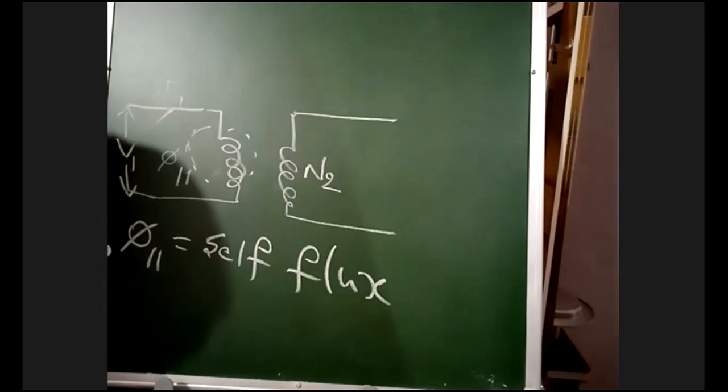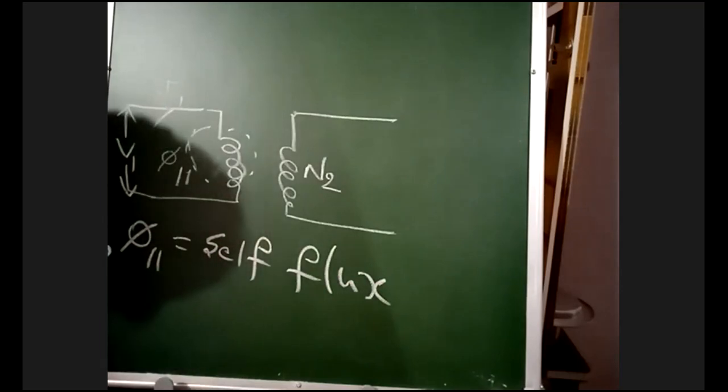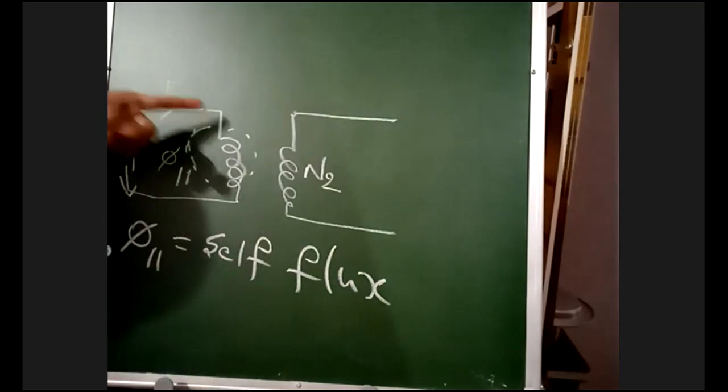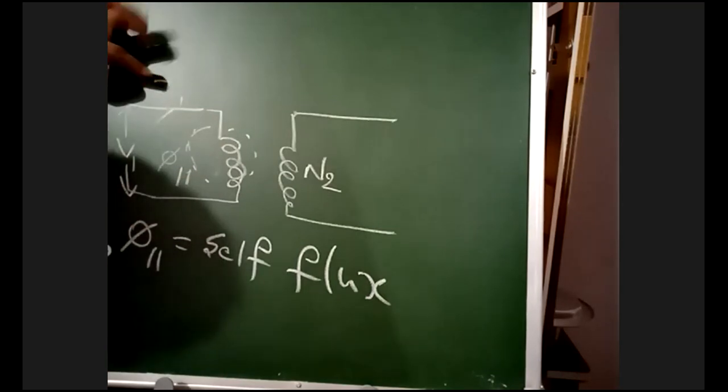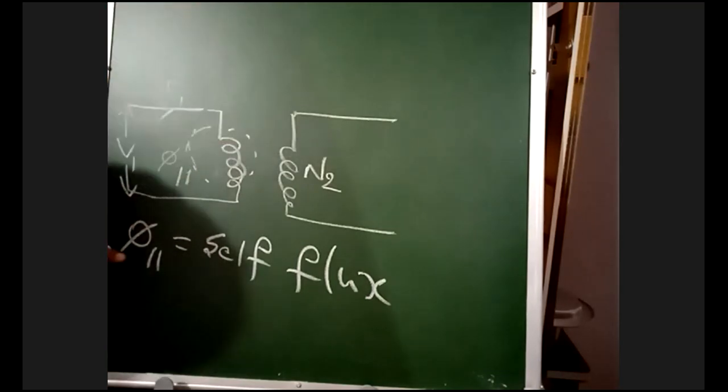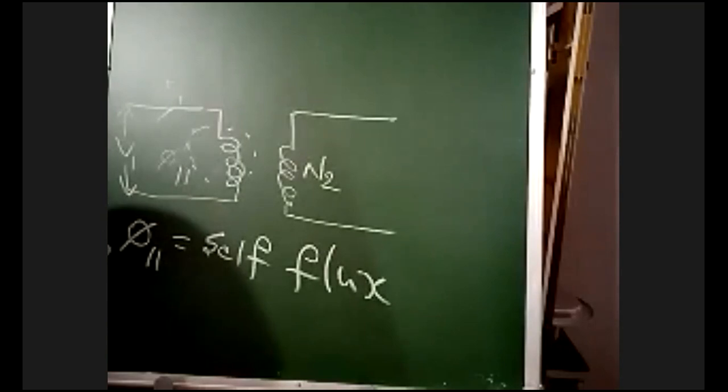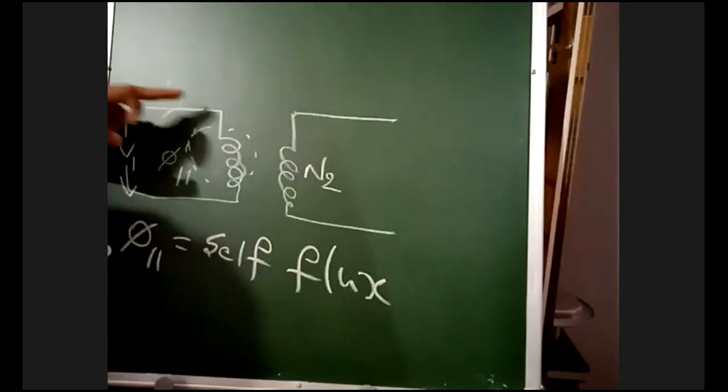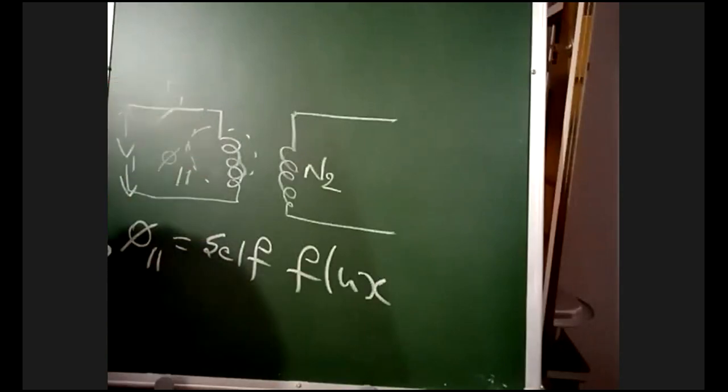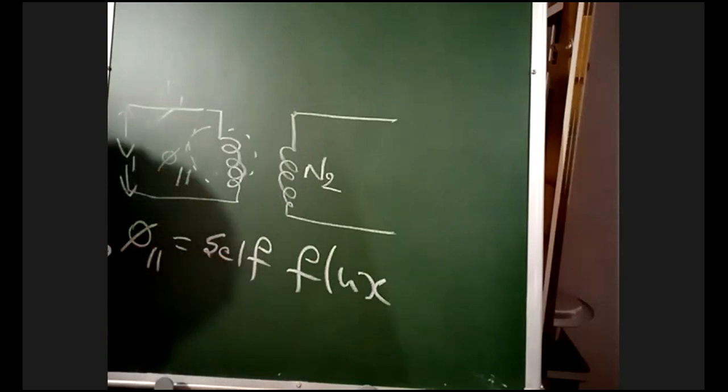Phi11 is called the self flux. Why is it called self flux? Because due to its own current I1, flux is developed. That is called self flux.